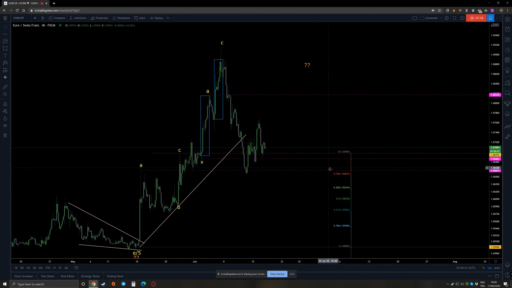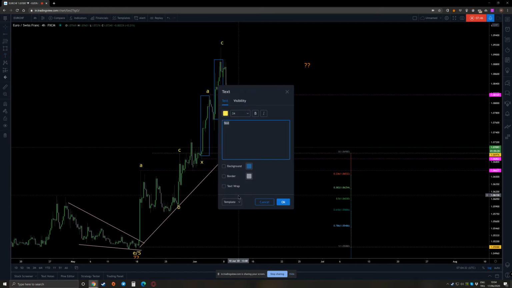Now it means that because it is less than 0.618, it is a correction with a small X wave, okay? So we have a zigzag and an X wave, which is a small X wave, okay? Small one. And then we have another zigzag.